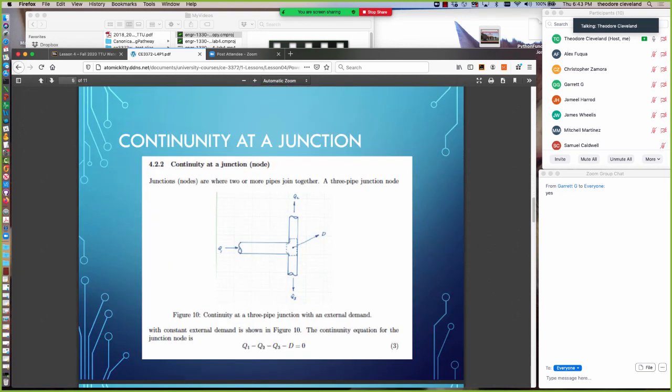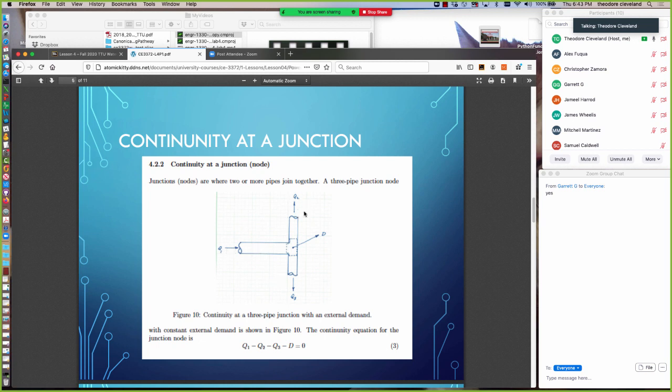Another implication of continuity is the continuity at a junction. A junction or a node, the words are often used interchangeably in hydraulics, is a location where two or more pipes come together. So a three-pipe junction is shown here in the drawing. In the three-pipe junction, this left portion has discharge Q1 coming into it.